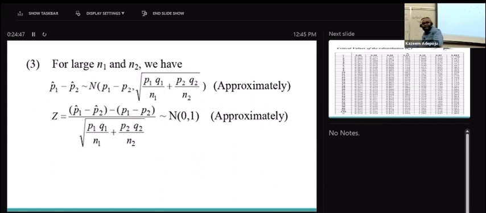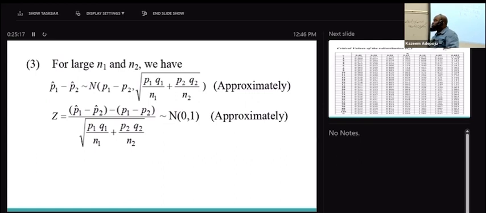But because the two groups are independent, the covariance will be equal to 0. In this case, I'm going to have the variance of P1 plus the variance of P2. Does that make sense? The covariance will be equal to 0 because the two houses that I'm talking about are independent.